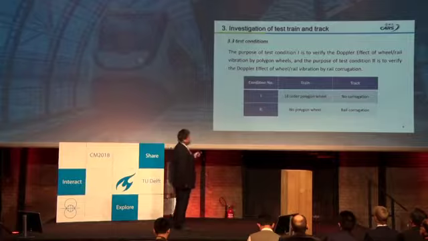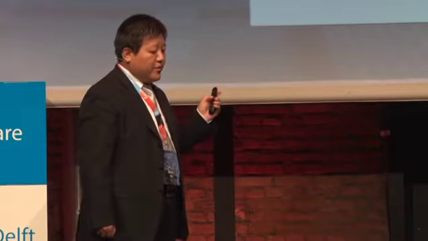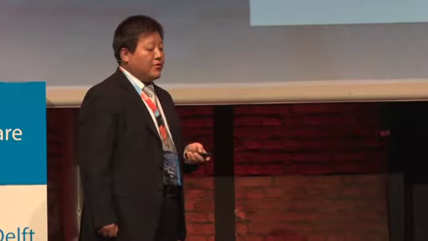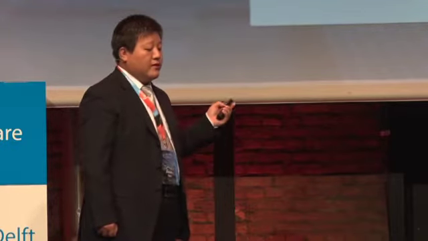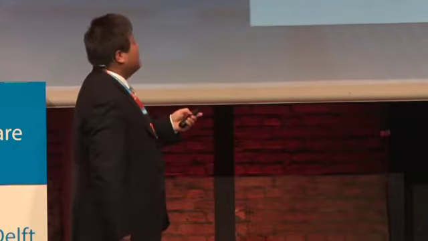The purpose of test condition 1 is to verify the Doppler effect of wheel-rail vibration caused by polygon wheels, and condition 2 is to verify the Doppler effect caused by rail corrugation.